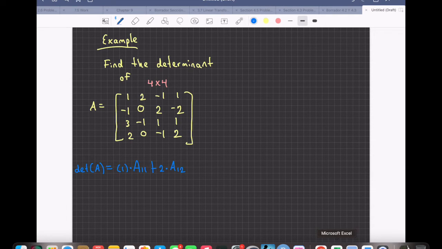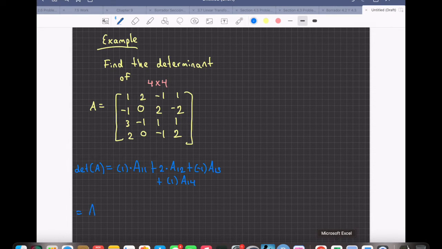Because this number 2 is located in the row 1, column 2, plus -1 times A13 plus 1 times A14. This is in the position row 1, column 3, row 1, column 4. You see? -1, 1.